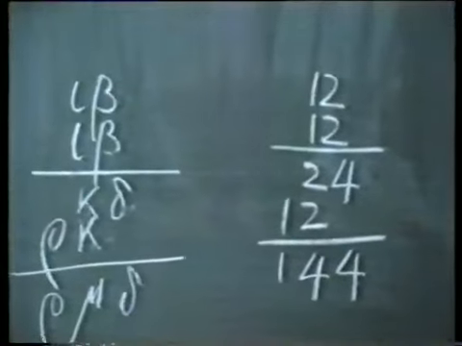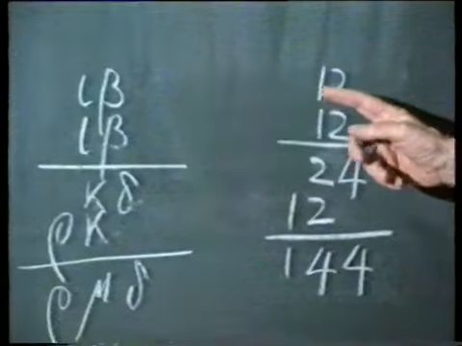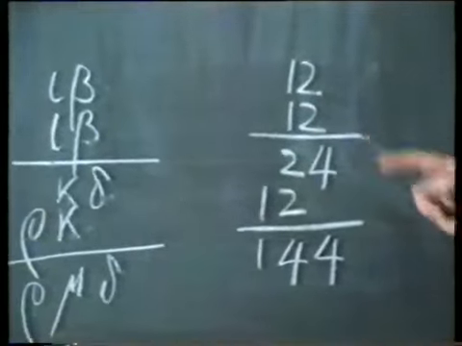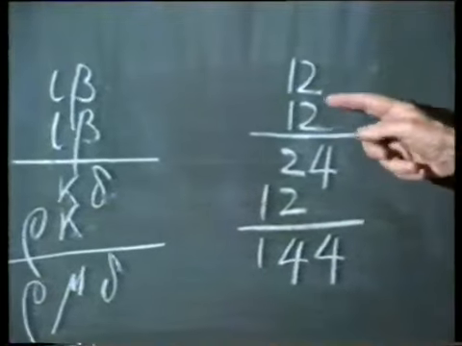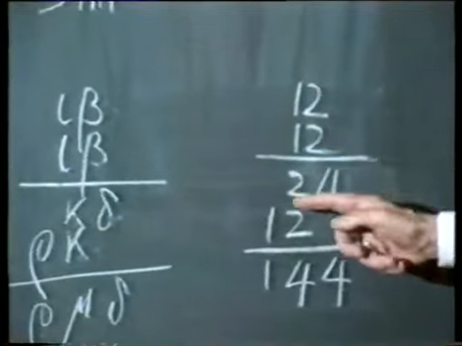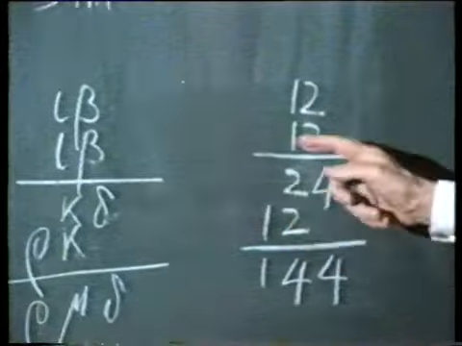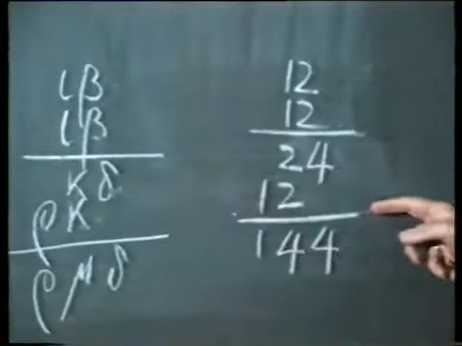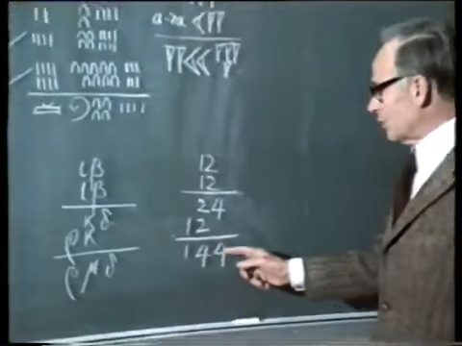Now let's compare this with our method of calculation. You all know this. You write 1, 2 times 1, 2, and you multiply. 2 times 2 is 4, 2 times 1 is 2, and below you write 1, 2, and you add and you get 144.